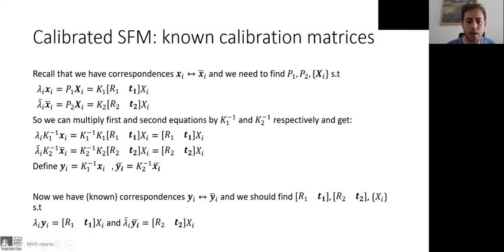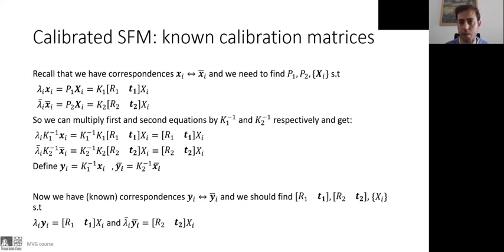And the task now is not to find a general matrix like in the original structure from motion problem. In this case, we know that the cameras should have the following form of a rotation matrix in their 3x3 part and a translation vector. And we need to find this such that this special camera projects the 3D points to the corresponding normalized coordinates.